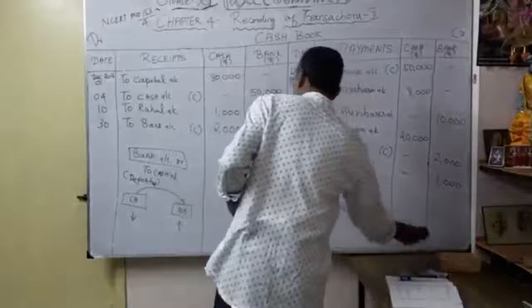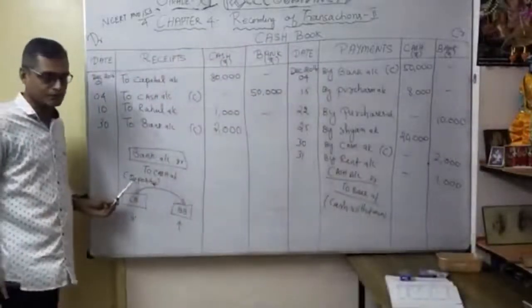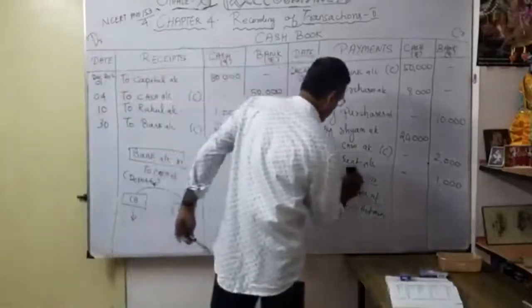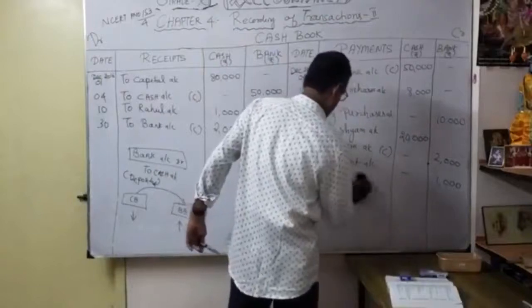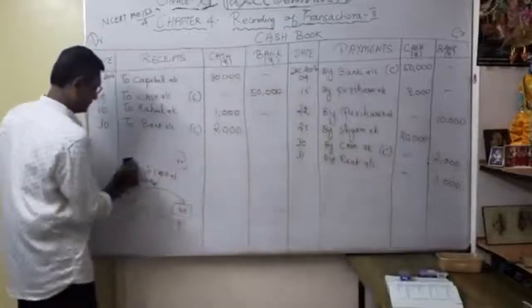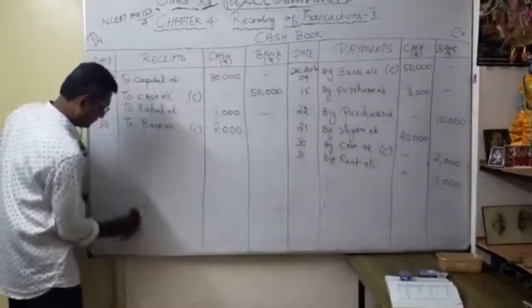Right now, what is in my cash? This you understood, and I hope it is very important. Cash deposited, cash withdrawn. Okay. So now we are going to do the balancing.